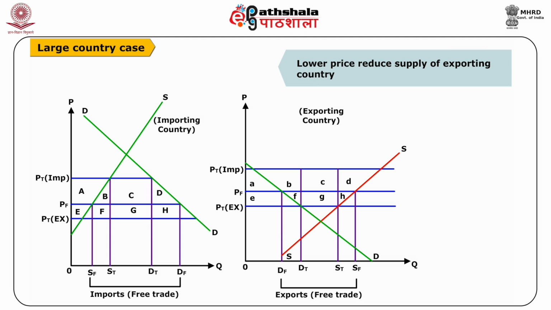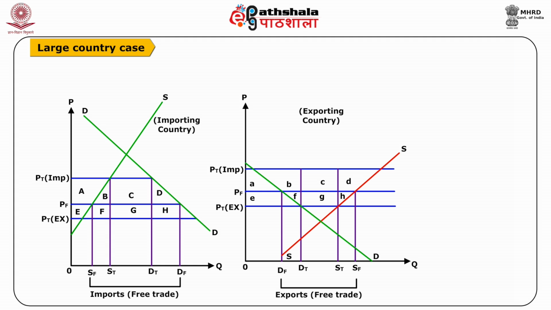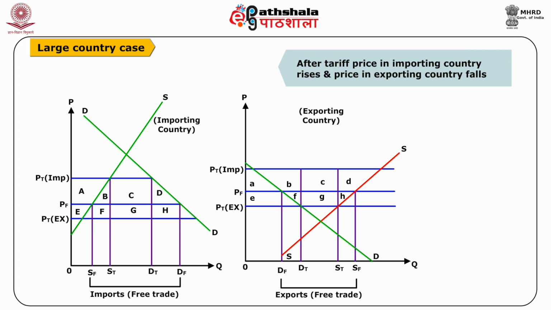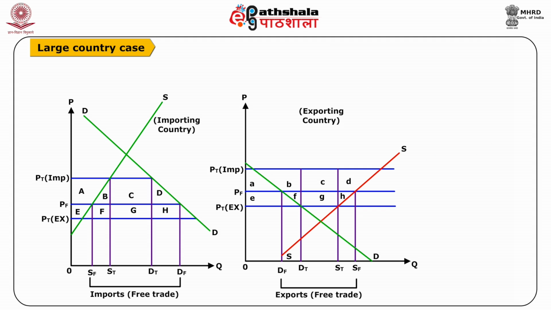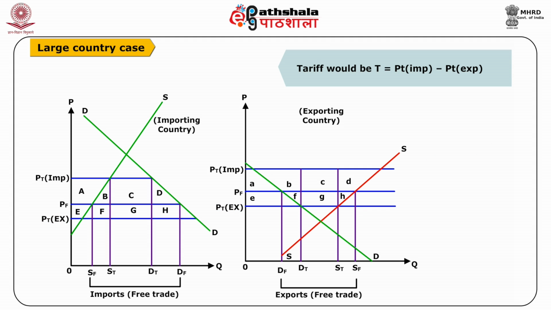This lower price will reduce the supply of the exporting country. Suppose after the tariff, the price in the importing country rises to PT imports and the price in the exporting country falls to PT exports. So the tariff T is equal to PT imports minus PT exports.